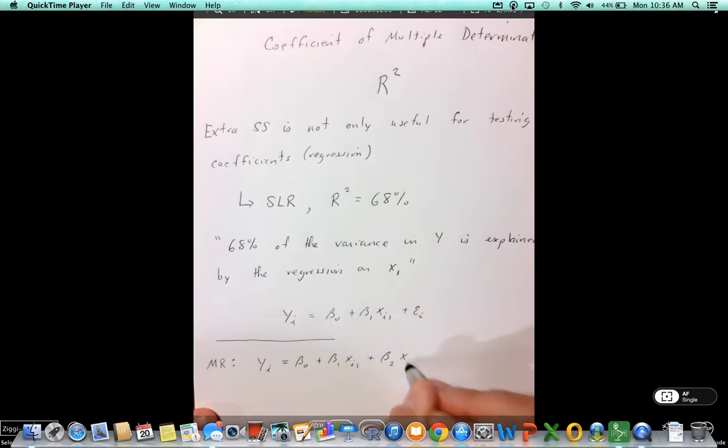Let's look at the three predictor model. And let's say in this situation we have an R squared equal to 68%. Now I'm running out of space down here, so let's start a new sheet of paper.